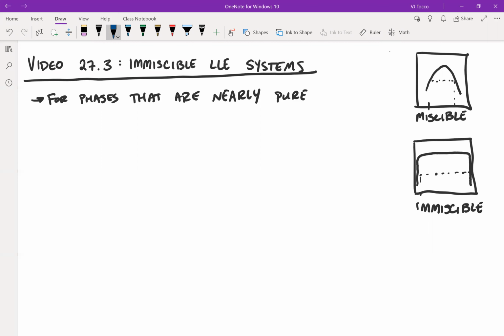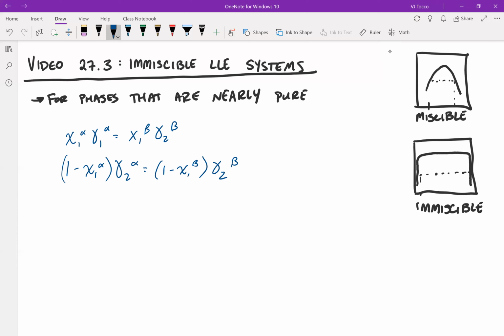So how do the equations change? If I start off with my regular expressions, which are x1 alpha times gamma 1 alpha equals x1 beta gamma 1 beta, and 1 minus x1 alpha, which remember is x2, times gamma 2 alpha equals 1 minus x1 beta times gamma 2 beta.